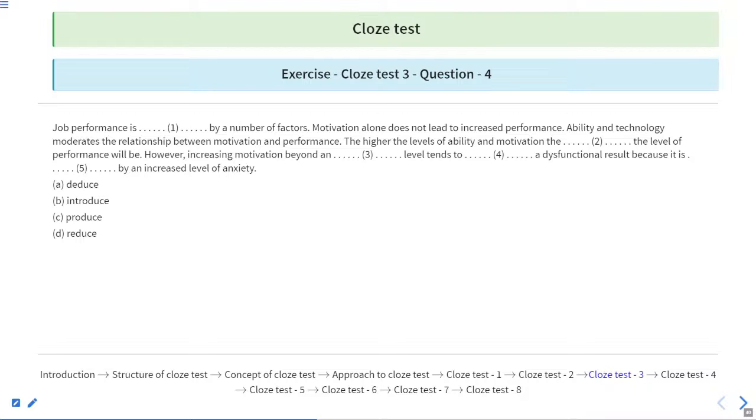So we said higher here. So the higher the level of ability, the higher the performance will be. However, increasing motivation beyond an optimal level tends to dash a dysfunctional result. Deduce, introduce, produce, or reduce. Which one will it be in case of 4?